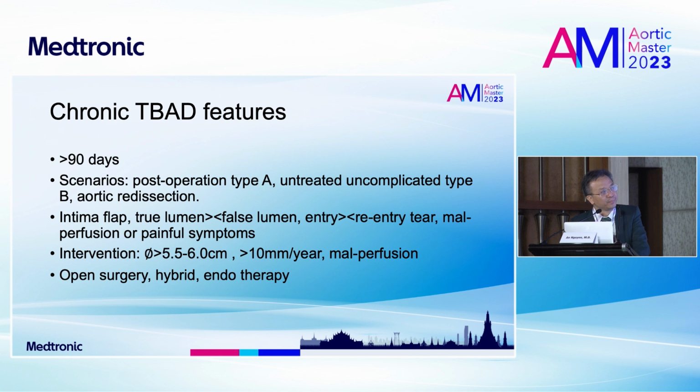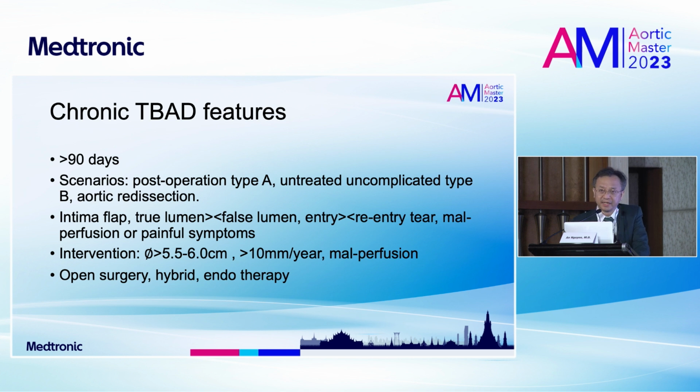Another scenario is an untreated, uncomplicated type B that is still progressive. Or sometimes a chronic type B dissection comes to us with acute features. In that case, we have to treat it as an acute.